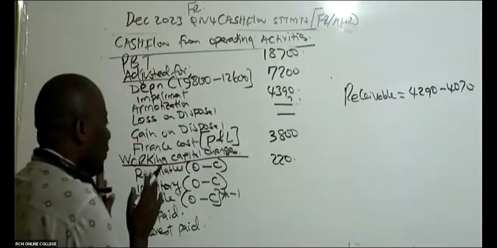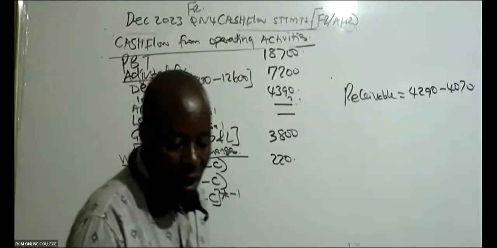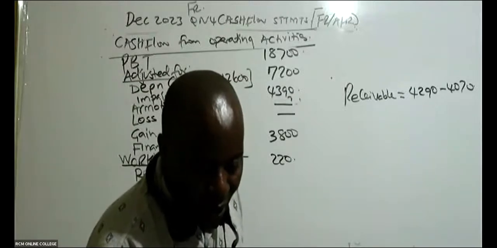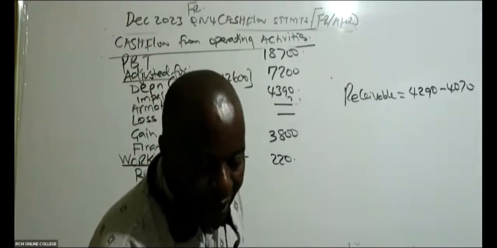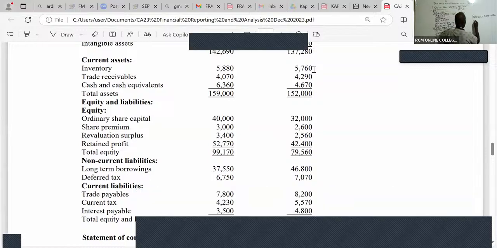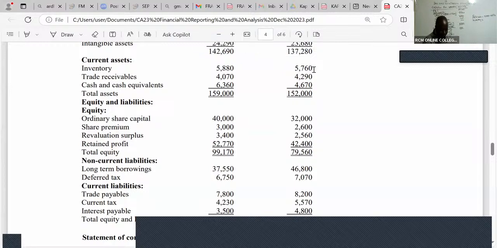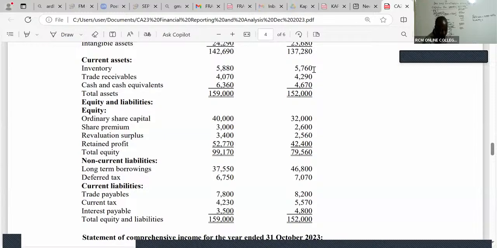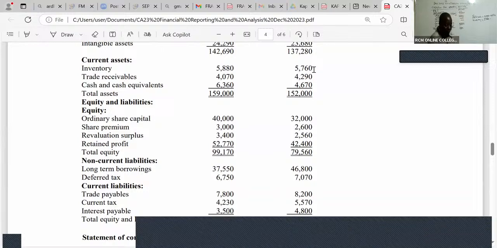Then you go to inventory, you do the same. It's a working capital change. So under inventory, we have here 5760 opening minus the closing, 5880.